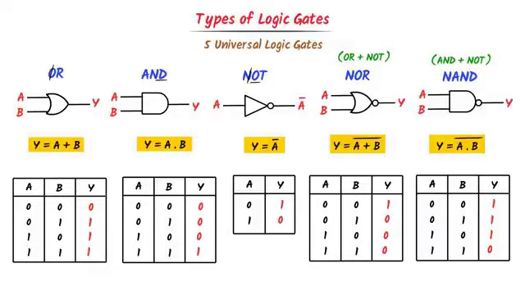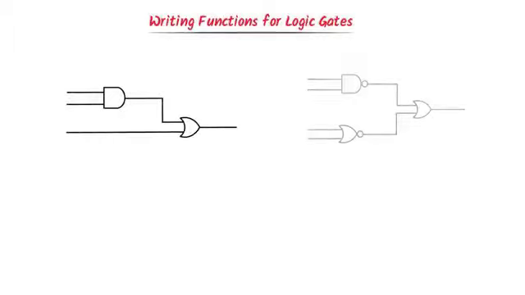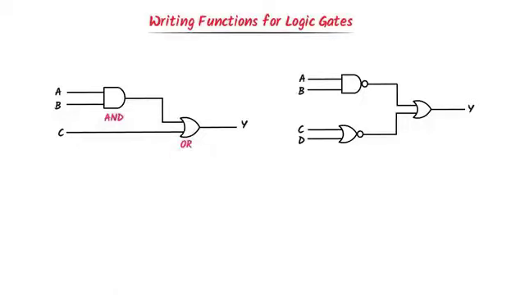Now let me teach you how to write the function for any logic gate. Well, consider these two systems. Firstly, I always spot the type of logic gate. For example, in the first system, this is an AND gate, this is an OR gate. Now two inputs A, B are given to the AND gate.